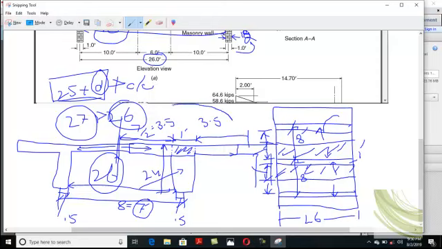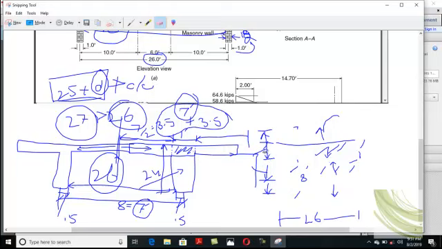So the total slab load comes from 3.5 plus 3.5, which equals 7 feet. Clear? So one center beam will take in a load from a 7-foot wide slab. If I draw this diagram more clearly, you will understand it in a better way.